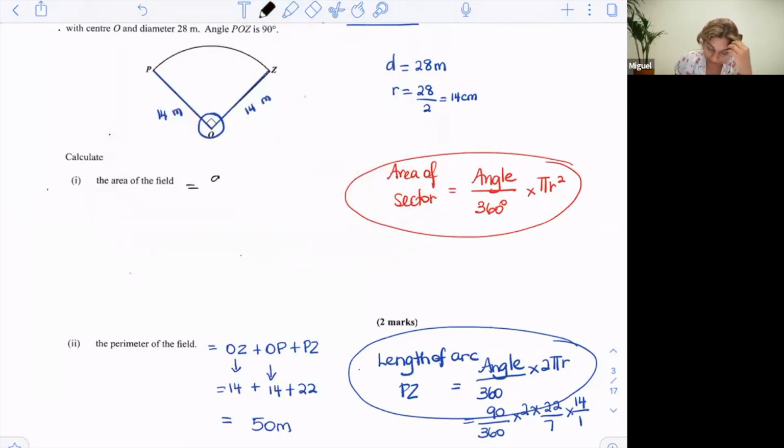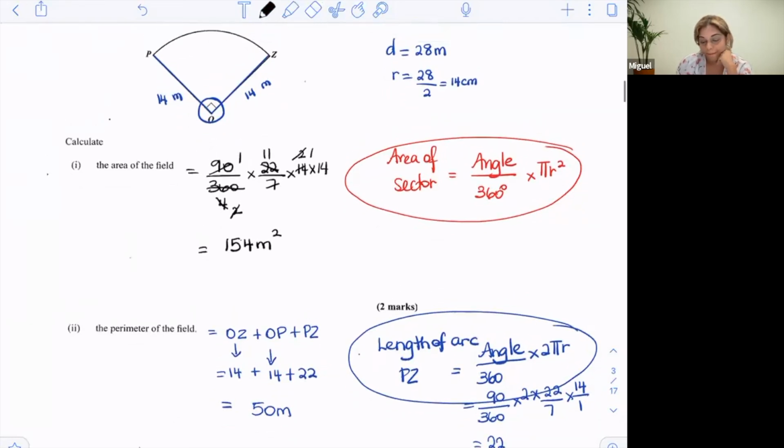It's 90 over 360 multiplied by 22 over 7 by 14 by 14. 90 could go into 360 4 times, 7 could go into 14 2 times, 2 could go into 4 2, 2 could go into 22 11, and 11 by 14 is 154 meters squared. That is correct. Thank you. Now, you don't have to do all that cancellation. You have the use of your calculator, so you can use it, okay?